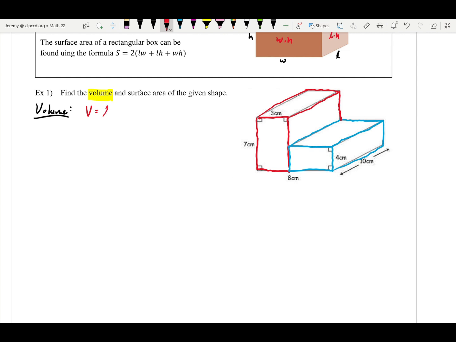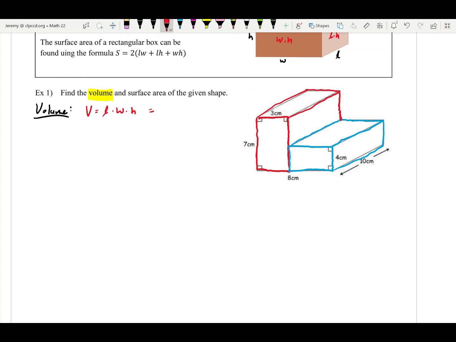Like always, it's going to be length times width times height. And what is the length, width, and height of that red box? Well, I see this dimension right here is 3 centimeters. This dimension down here is 7 centimeters, and this dimension is 10 centimeters.